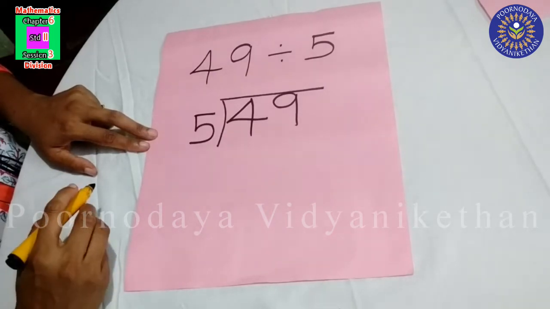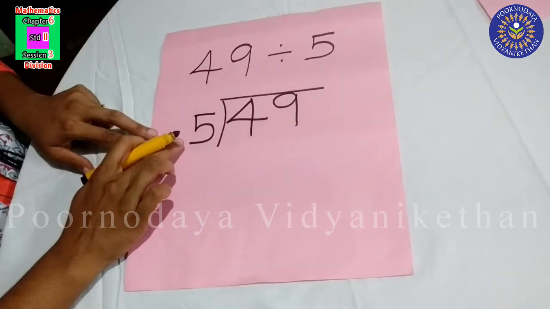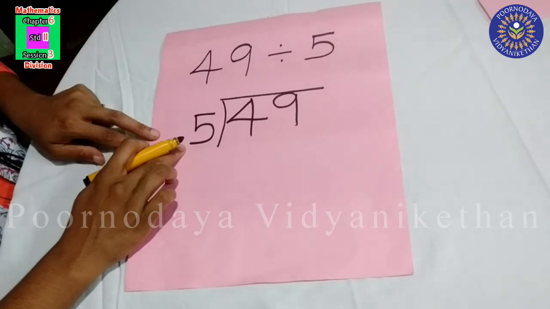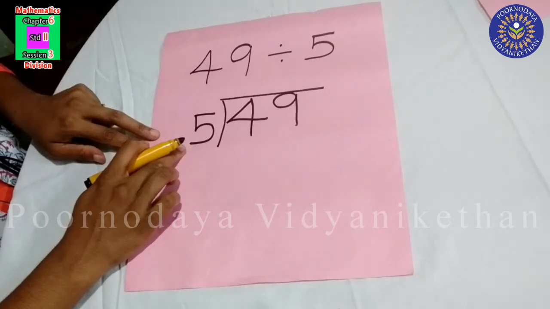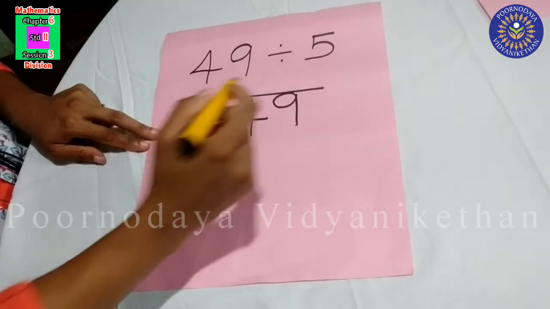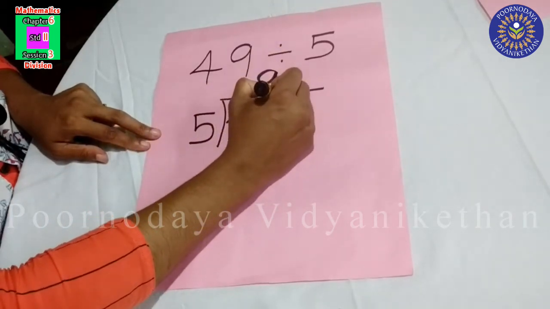Now you have to recall the multiplication table of 5. 5 1s are 5, 5 2s are 10, 5 3s are 15, 5 4s are 20, 5 5s are 25, 5 6s are 30, 5 7s are 35, 5 8s are 40, 5 9s are 45. So you got 9.